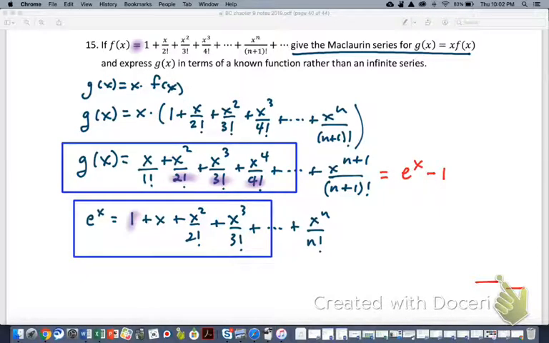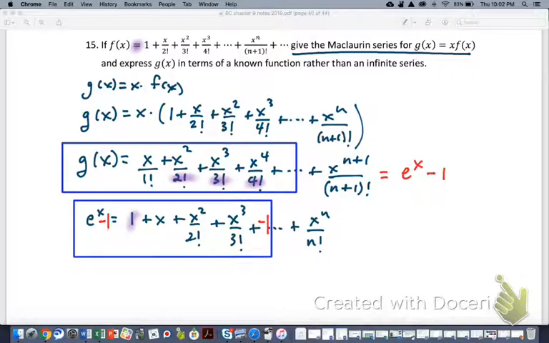I could illustrate that by doing something like this. If I just subtracted 1 off this power series down here, that would give me what I want. But whatever I subtract from the right side, I've got to subtract from the left side as well.